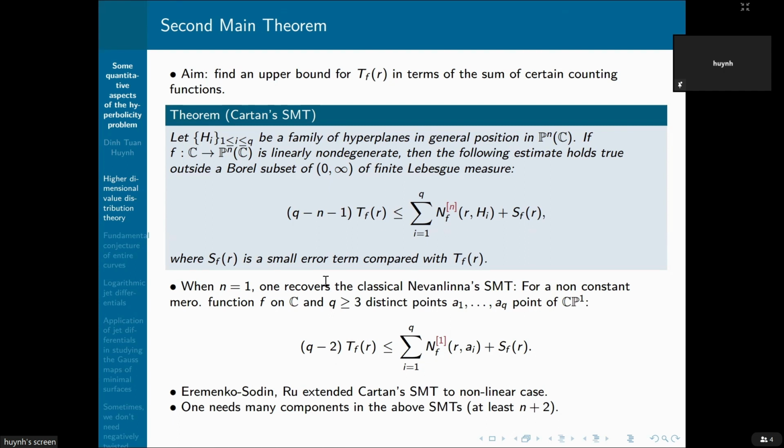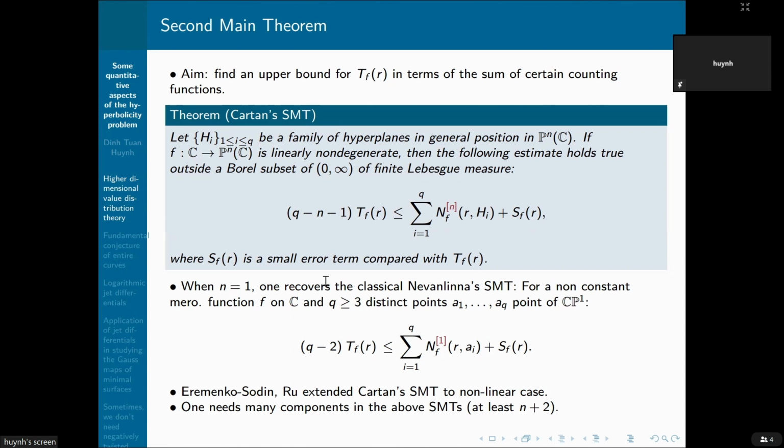So T_f(r) here is the Cartan order function. In the case where n is equal to 1, you recover Nevanlinna's second main theorem. In this one-dimensional case, for a non-constant meromorphic function f and a family of at least 3 distinct points, you have the second main theorem.